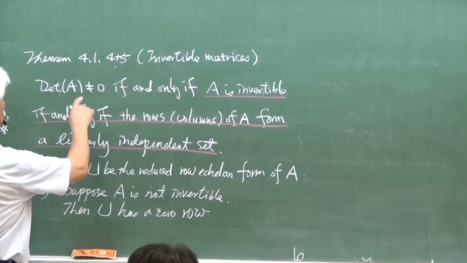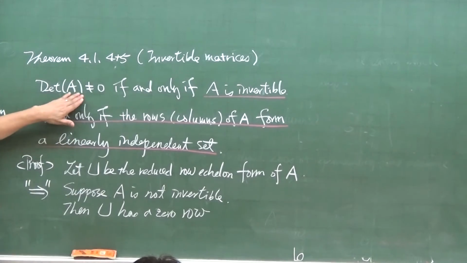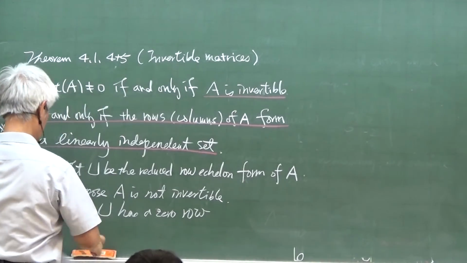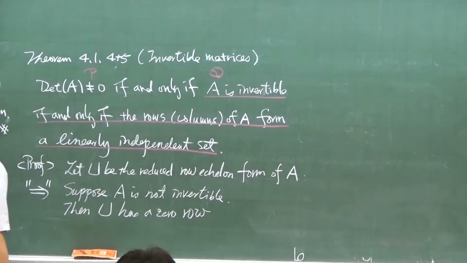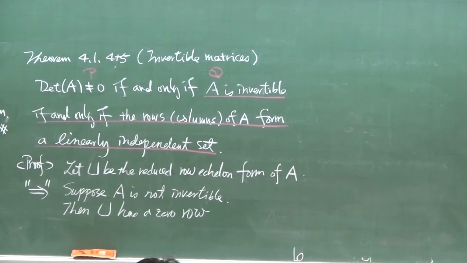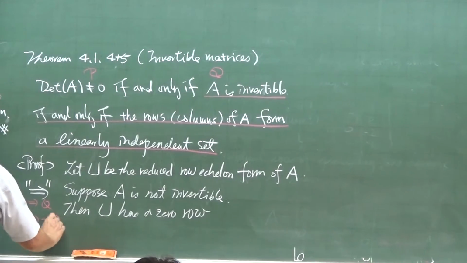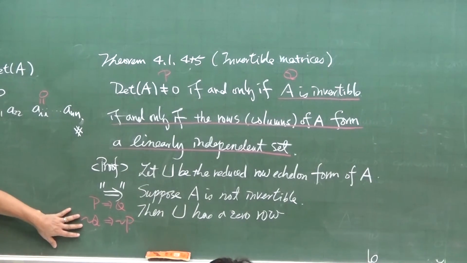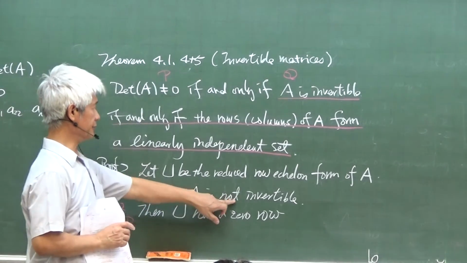Because determinant of A is not equal to 0, so we assume that the determinant of A is not 0, then we have to show A is invertible. Okay, so this is P, this is Q. And if we want to show P implies Q, this is the same as negative Q implies negative P. But negative Q is that we assume, suppose A is not invertible, right?